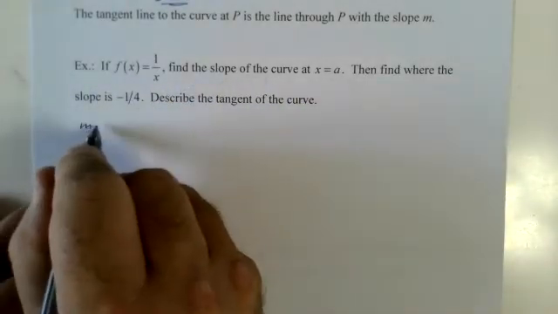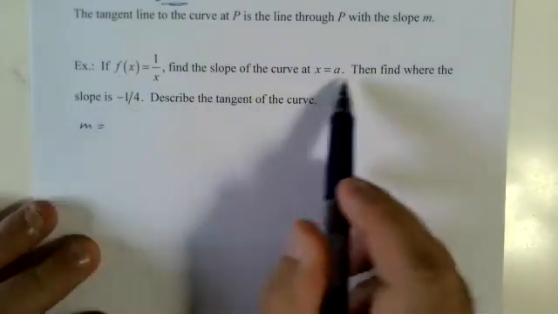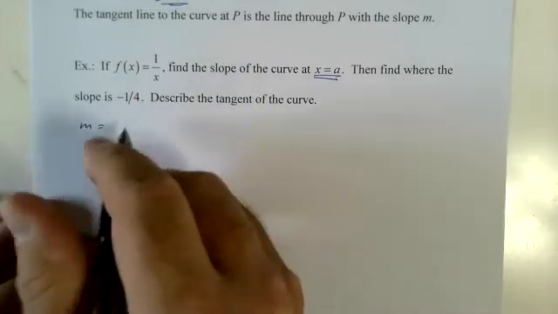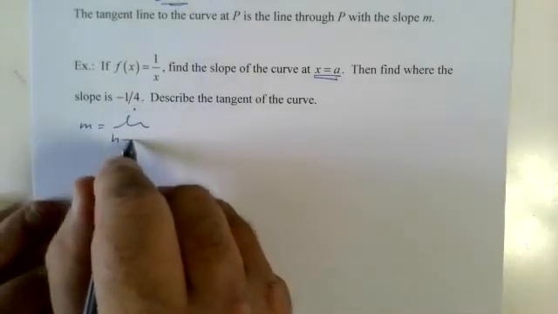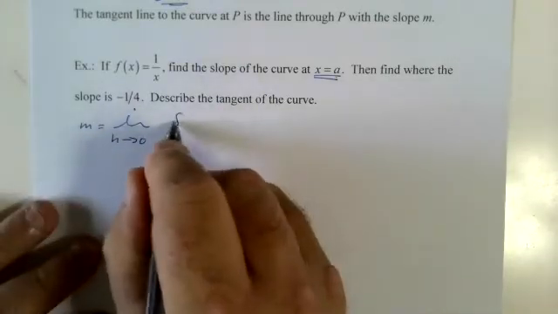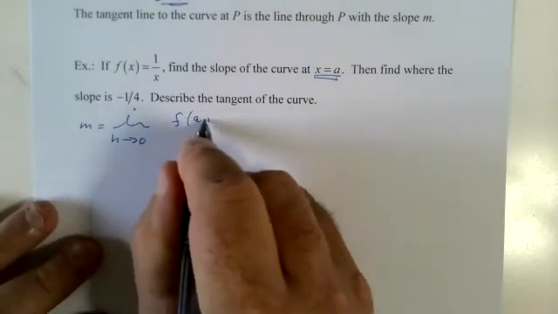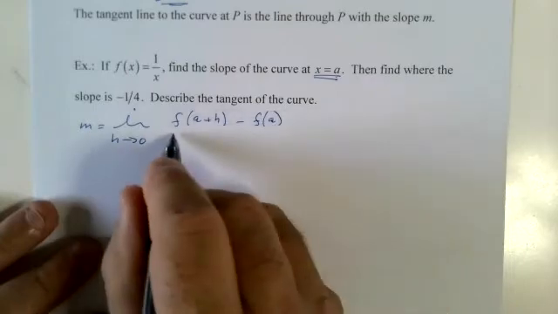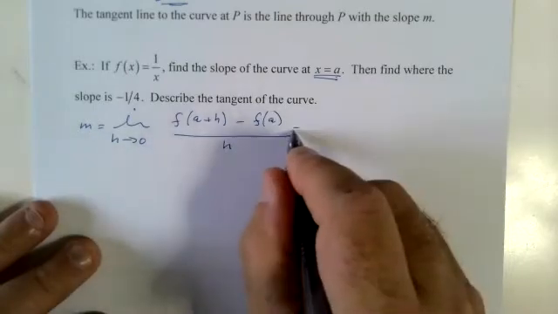Okay, the slope is, find the slope at a. Limit as h approaches 0, f of a plus h minus f of a over h.